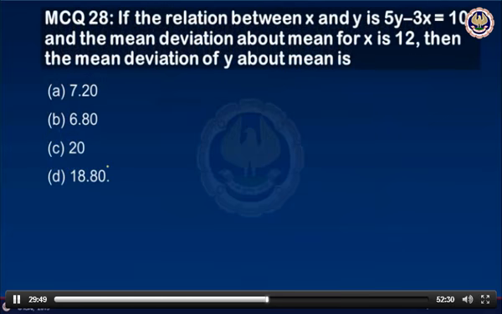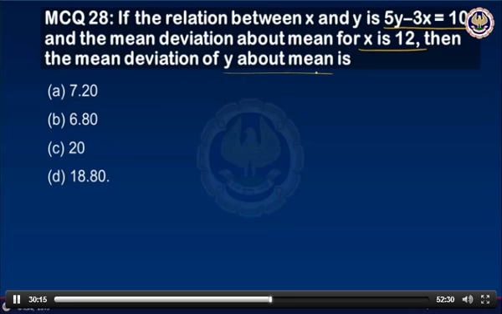Now, if the relation between x and y is 5y minus 3x equal to 10, and the mean deviation about mean for x is 12, then what is the mean deviation of y about mean? Here the x value is given.